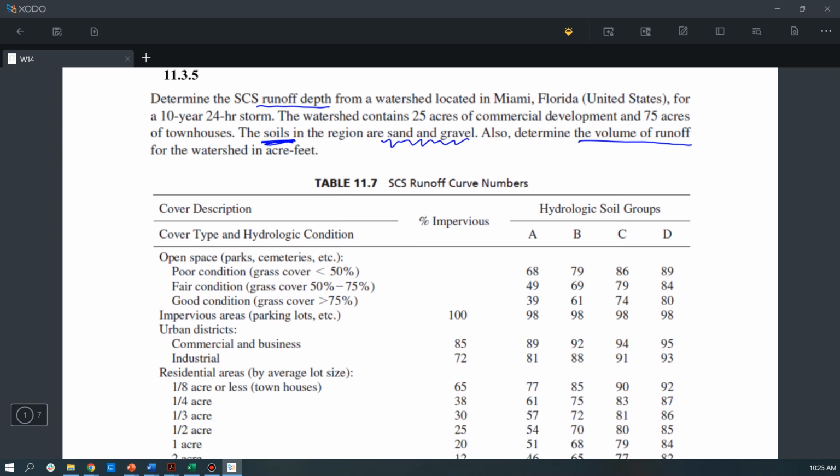That tells us we should use soil group A, because sand and gravel have coarse pores, so the water can easily infiltrate into the ground, and we categorize that as soil group A.